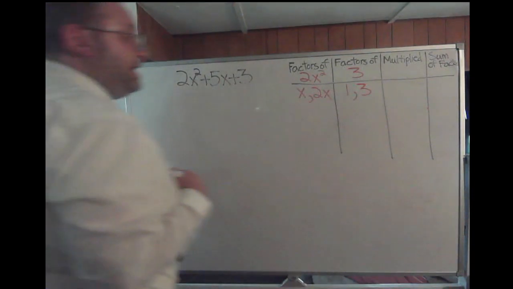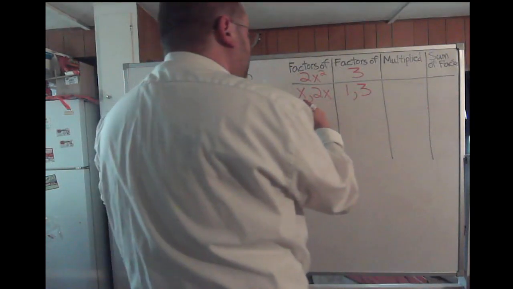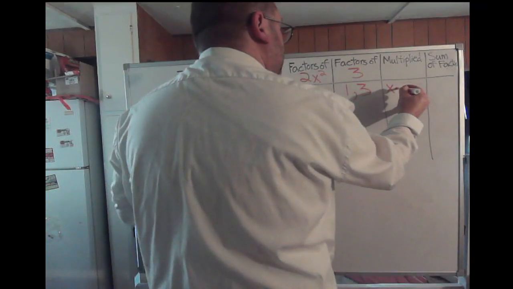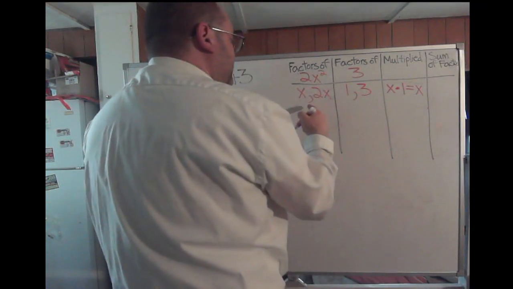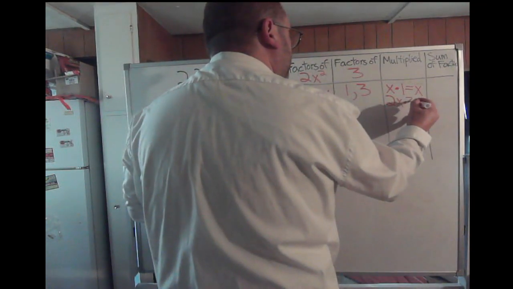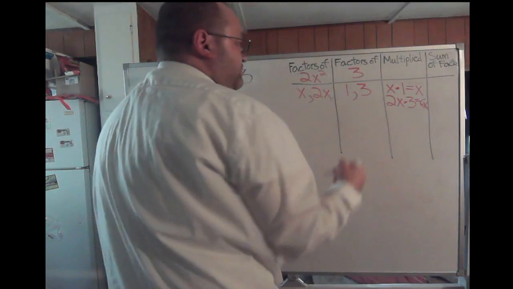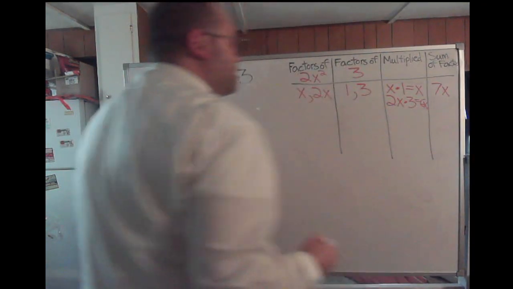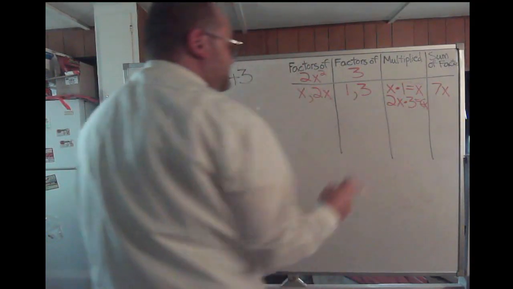Let's say I take the first term x times the first factor of 1, you get x. Let's say I take that 2x times the second factor of 3, you get 6x. When you add x and 6x, you get 7x. Well, we need our middle term to be 5x, not 7x, so that doesn't work.